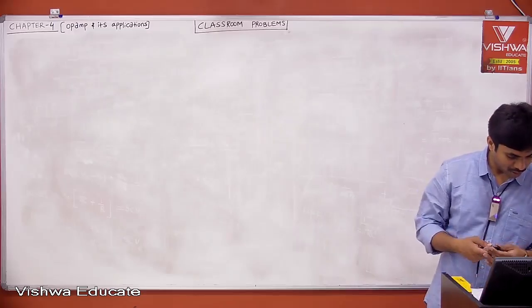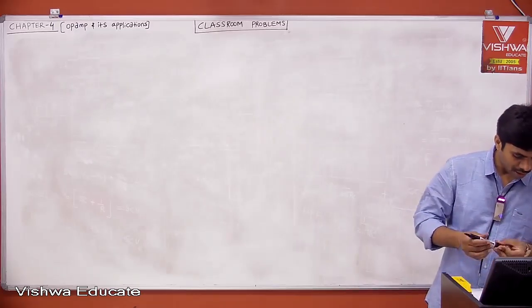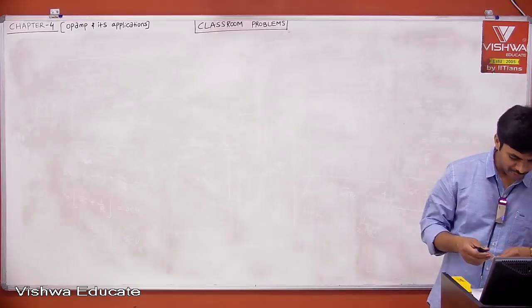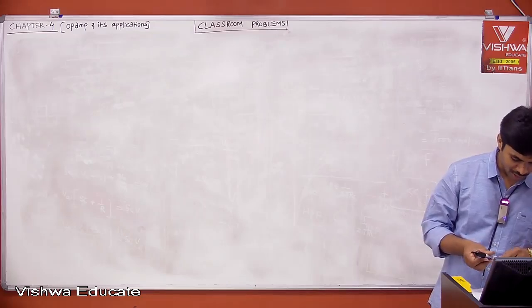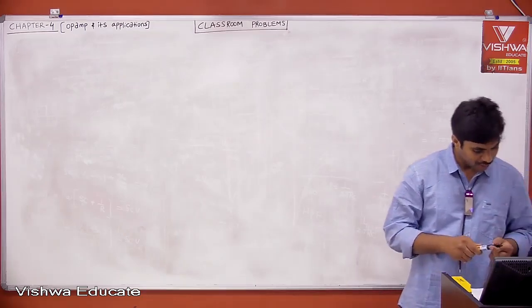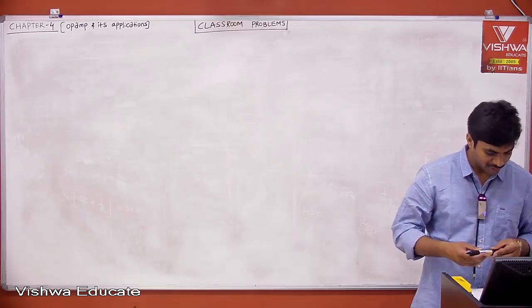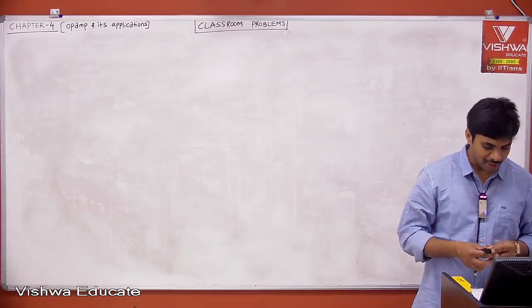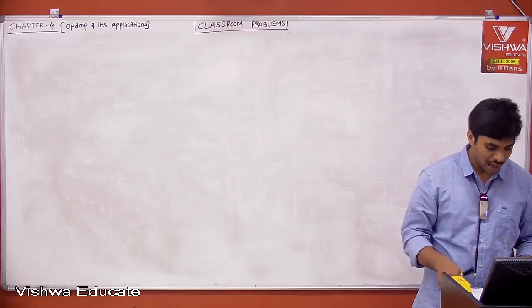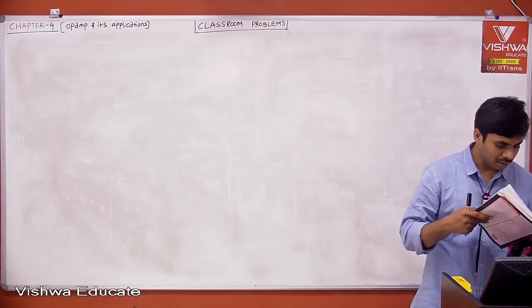Then problem number 1 from problem 13 asks for the transfer function V0 of S by VA of S. And if VI is equal to V1 sin omega t and V0 is equal to V2 sin of omega t plus phi, then the minimum and maximum values of phi in radians are respectively. Okay, take this problem.